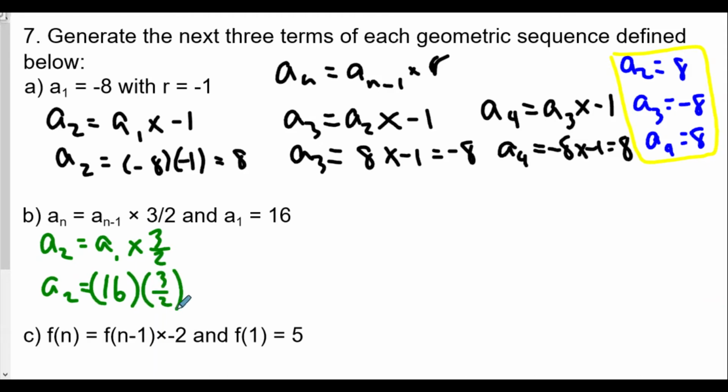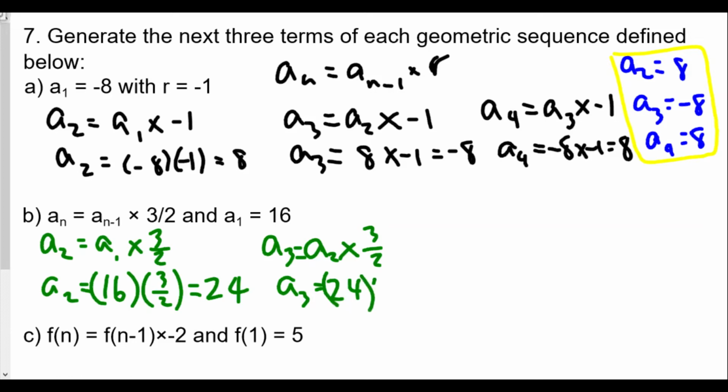Well, 2 goes into 16 8 times, and then we multiply by 3, we get 24. Okay, a3 equals a2 times 3/2. So now we're going to find a3 equals 24 times 3/2. And 24 divided by 2 is 12, times 3 is 36.